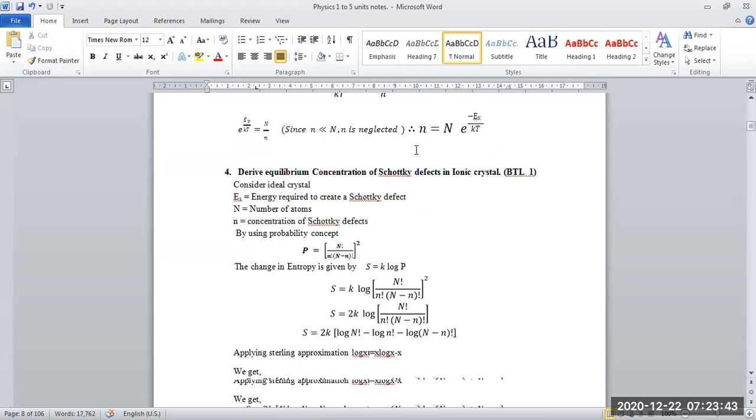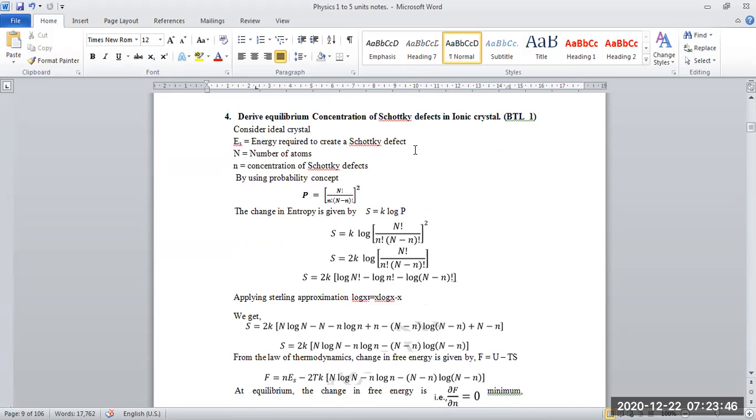Here, when you talk about an ionic crystal, there are equal numbers of positive and negative charged ions, so we talk about twice: positive charge and negative charge. Therefore, we write the probability P = N! / (n! (N - n)!) whole square. Now the change in entropy derivation is given by S = k log P.